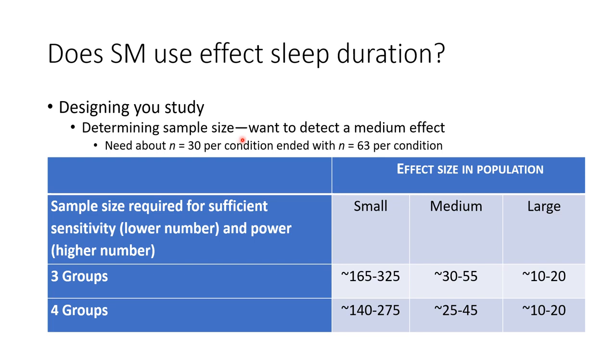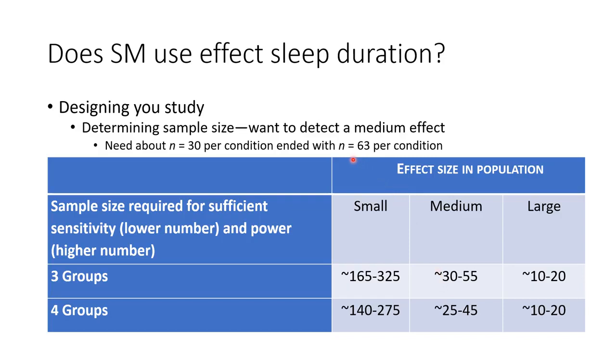And based on the chart here, we have 3 groups, a medium effect, and the smaller number is sensitivity. So we could get by with approximately 30 people per group. Since we have 3 groups, that would be a total of 90 participants. But of course, if you could get more than that, that's great. Generally speaking, as long as you can afford it, the larger your sample size, the better.